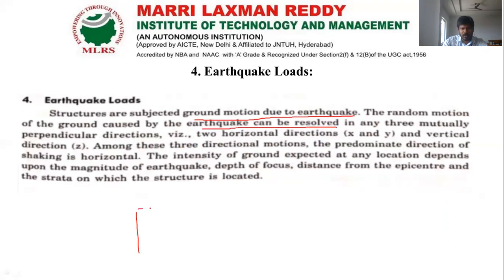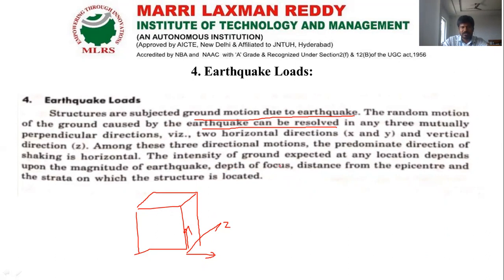If I consider this is my building, it can occur in any position, that is x direction or y direction or z direction. In all the three directions, I have to measure the effects, and I have to ensure that safety while doing the design.